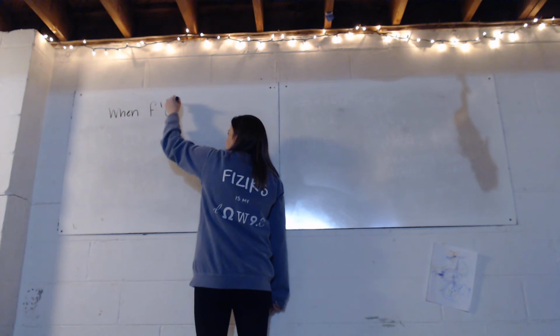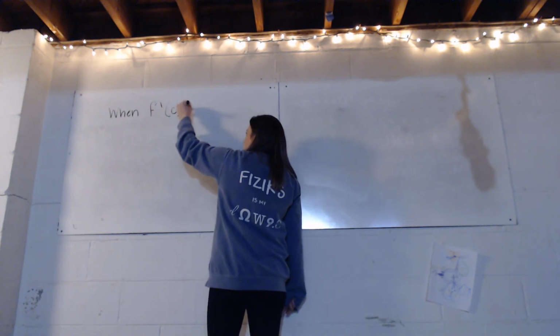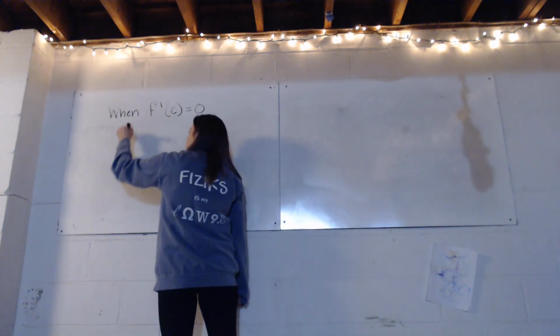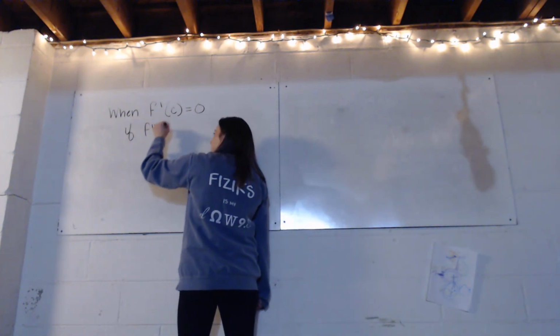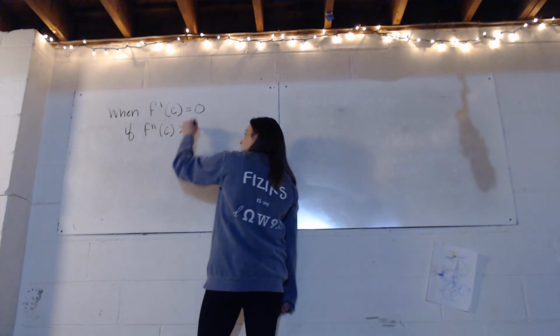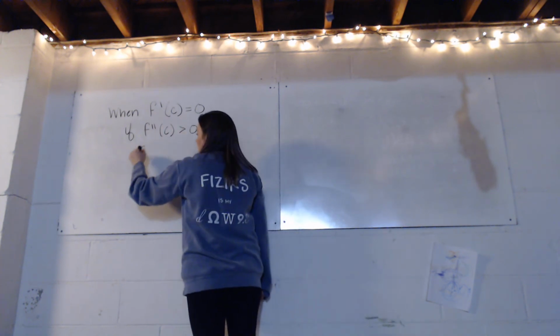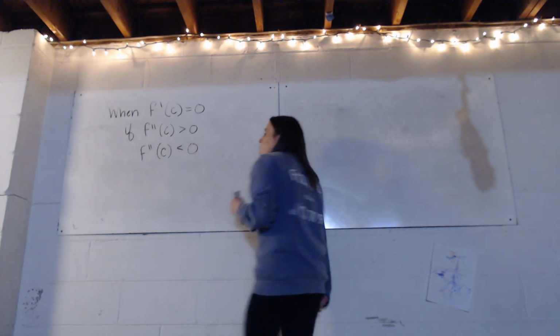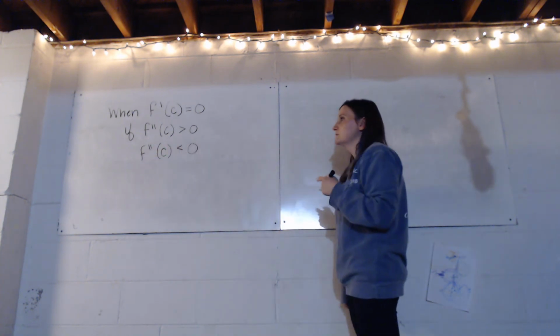So if you look at a place where the derivative of a function is equal to 0, and at that place the second derivative is greater than 0, or the second derivative is less than 0, we can find our maximum and minimum.